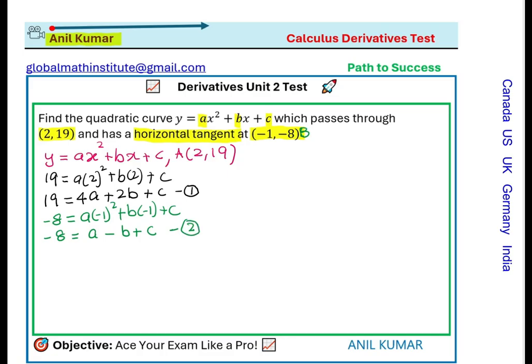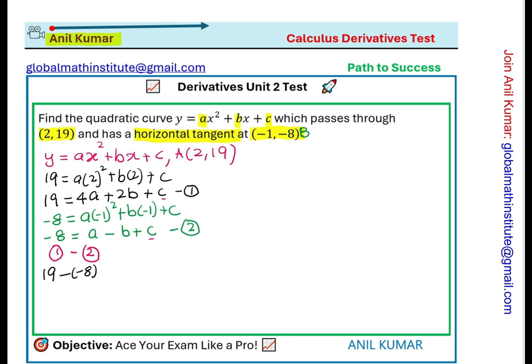Now, since we have to solve all three equations, why not start solving right now with these two? If I do equation 1 minus equation 2, we can get rid of the c's. You see that? So we get 19 minus of -8 on the left side.